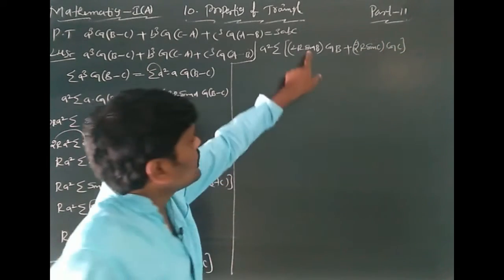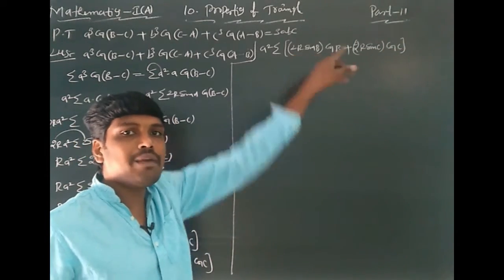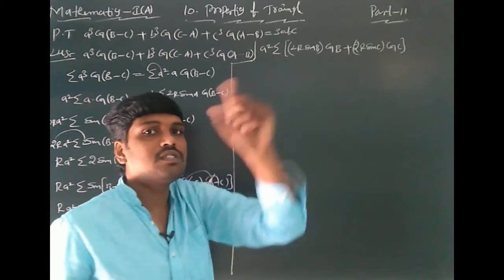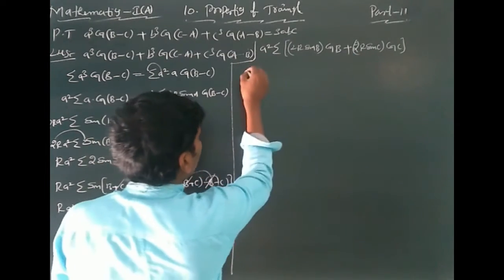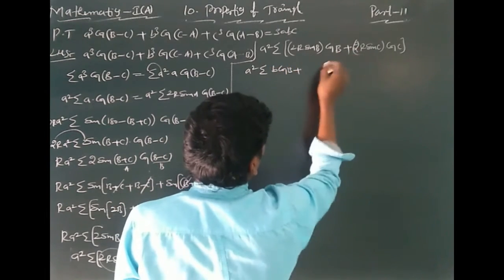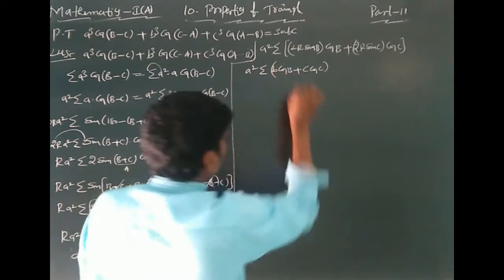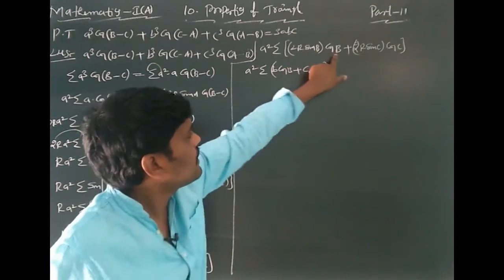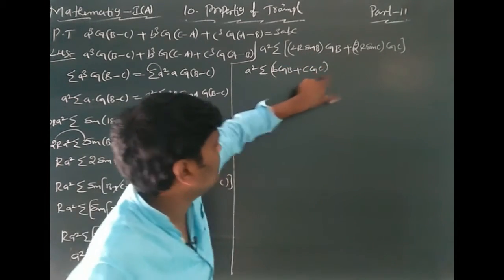By the sine rule, 2r sin b equals b, and 2r sin c equals c. Which rule? Sine rule. That's why you can write a square summation of b cos b plus c cos c. Understood or not?